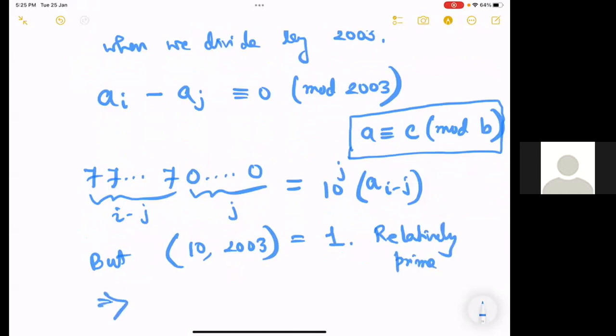Which means what? A_(i minus j) is divisible by 2003. That's it. Is it clear? Yes, sir. Yeah, good.